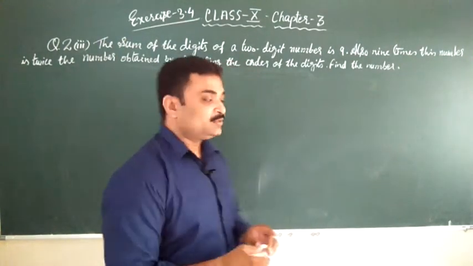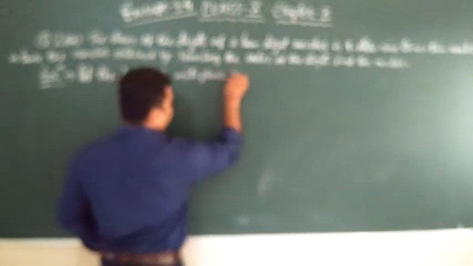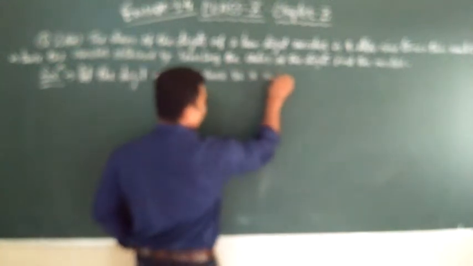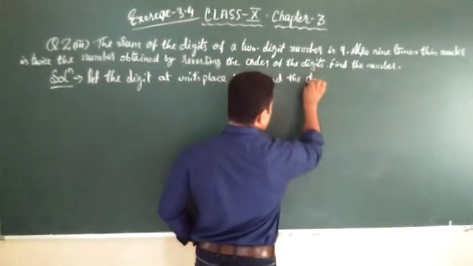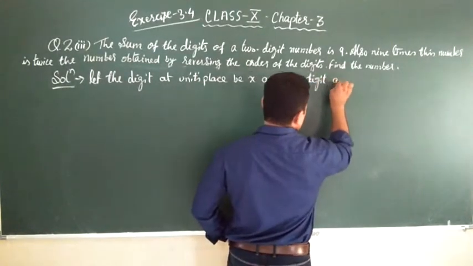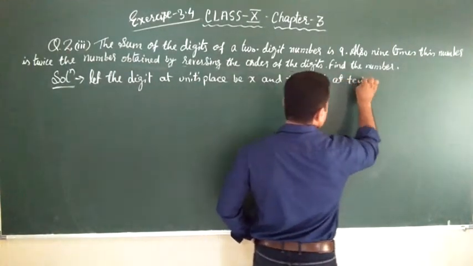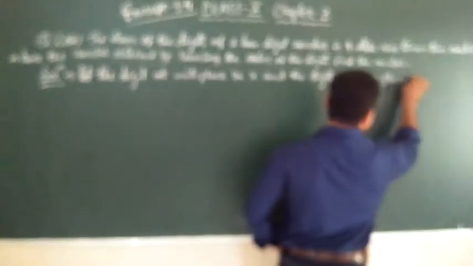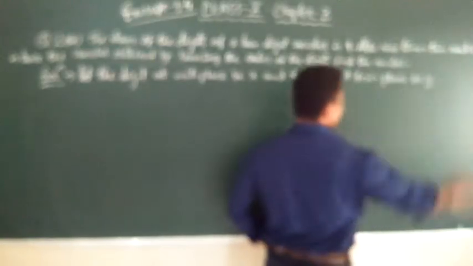So, solution: let the digit at units place be x and the digit at tens place be y.